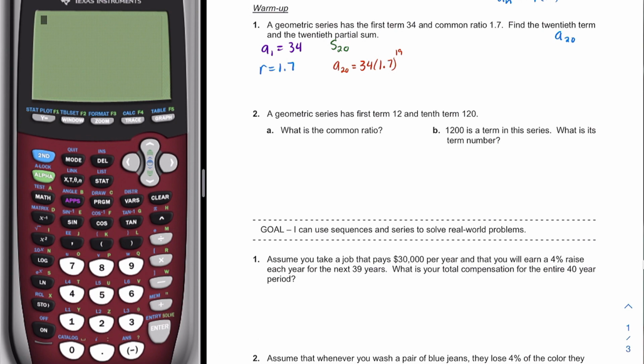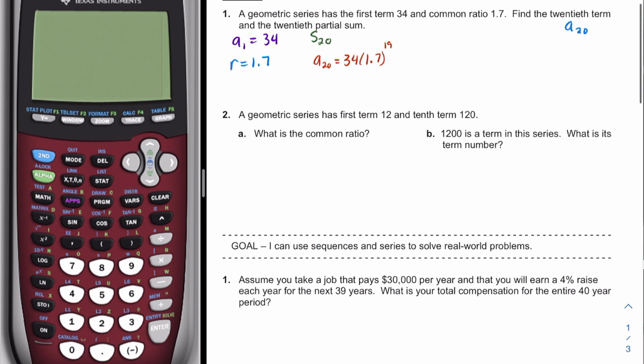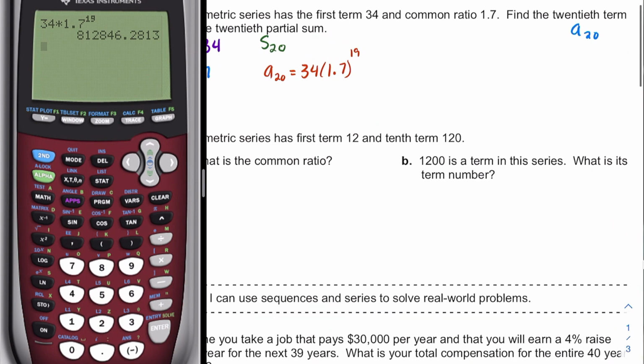So now is that point where we would go to our calculator, and then make sure that we follow order of operations. So it's 34 times 1.7 raised to the 19 power. You don't want to do 34 times 1.7 first, otherwise that will mess up your answer. All right, we get a big value, so that comes out to make the 20th term 812,846.281 to 3 decimal places.